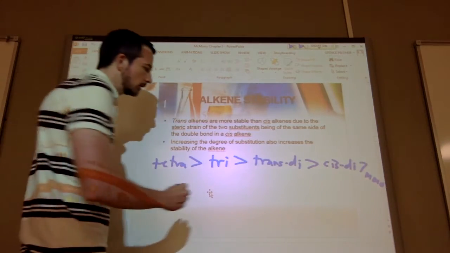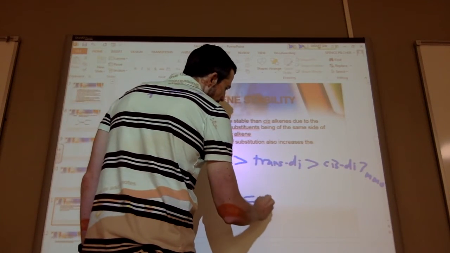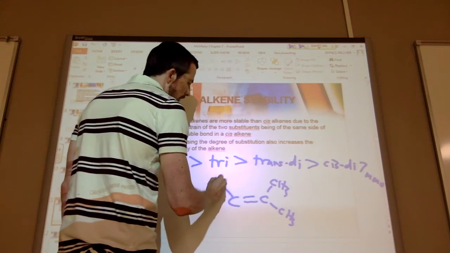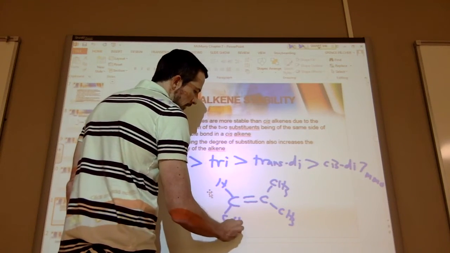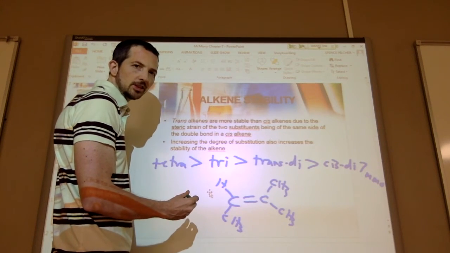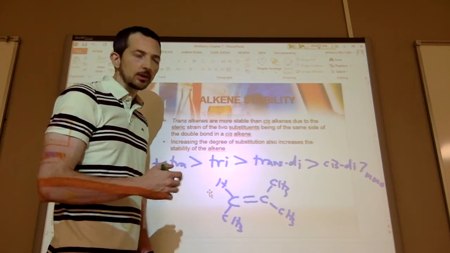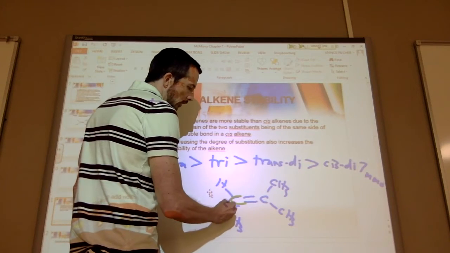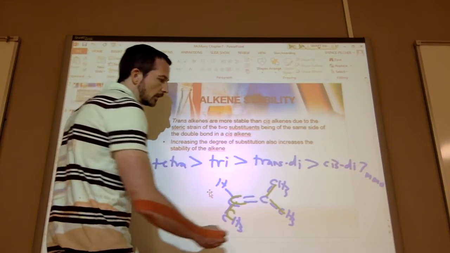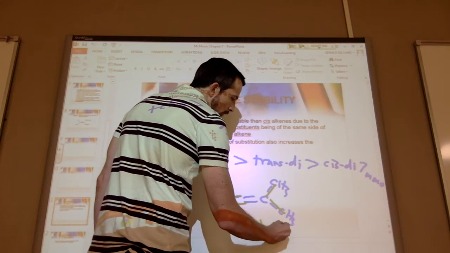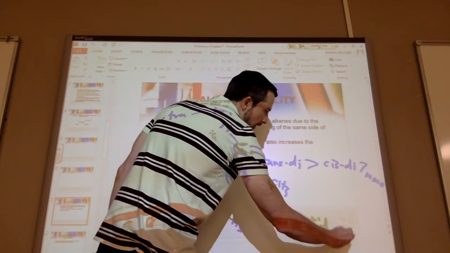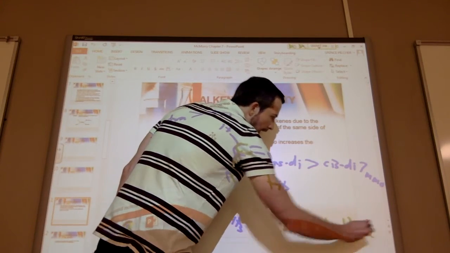When I talk about degree of substitution, you're looking at what's attached to your C double bond C, but you're not looking at hydrogens. So this carbon has 1 attached to it, 2 carbons, 3 carbons. So that is a trisubstituted alkene.